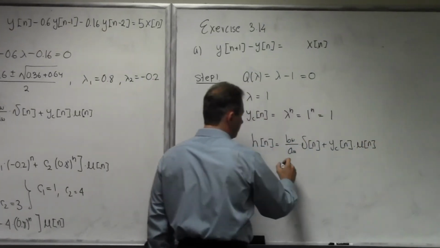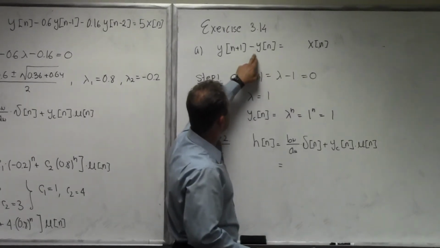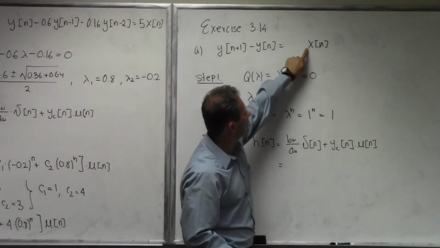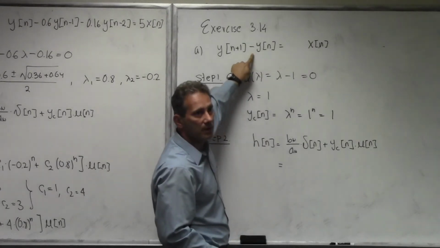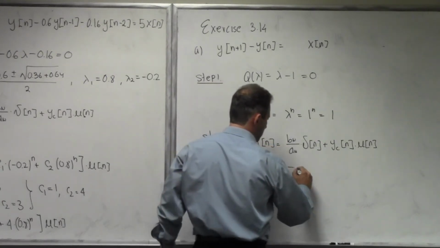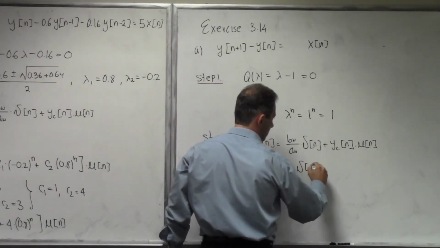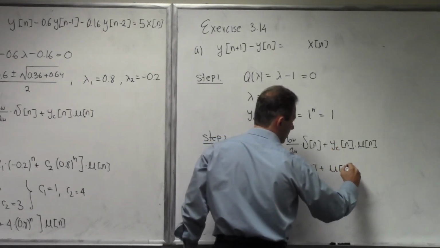Now in this case, observe that your V_N, the coefficient here, is equal to 1. Your A_N is minus 1, right? So V_N over A_N becomes minus delta of n, and then plus u of n.